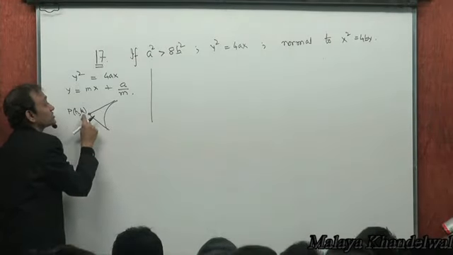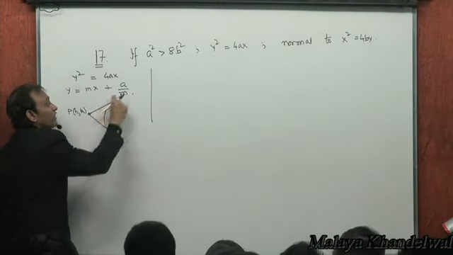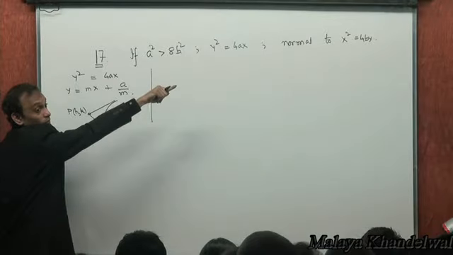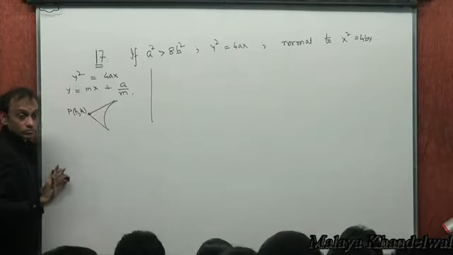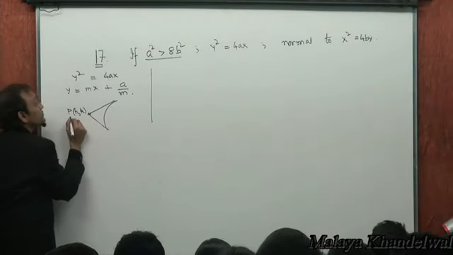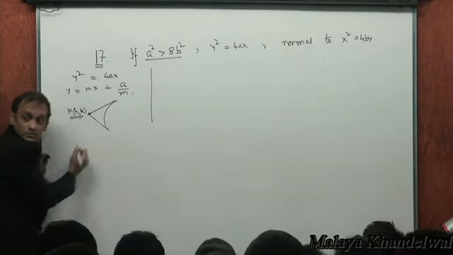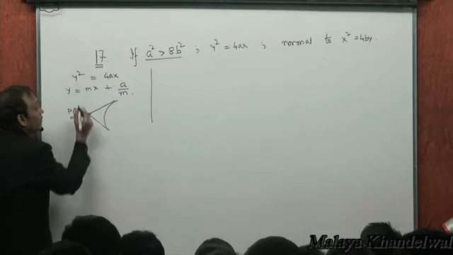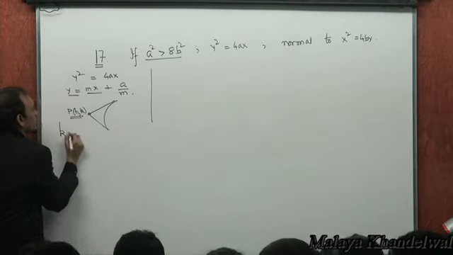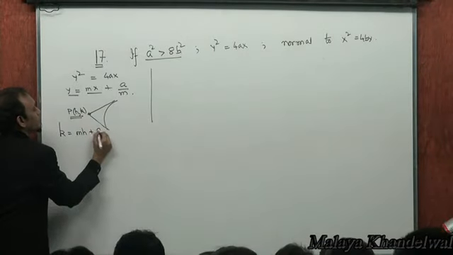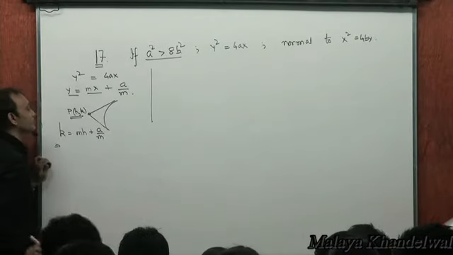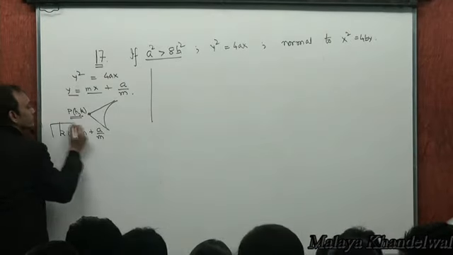We want to show that there exists a point h comma k from where when you draw tangents, those two tangents will be normal to that parabola. Yes or no? Given a squared greater than 8b squared, existence of such a point is guaranteed if that happens, right? Now, so h comma k will satisfy this equation. So k equal to mh plus a by m, so leave it here.